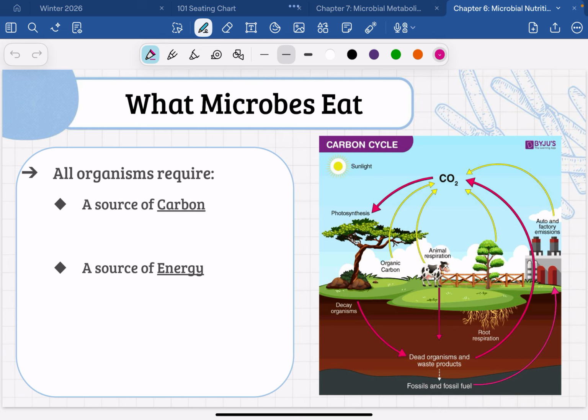Just like everything else, we like to group things as best we can, put things into boxes. And the 2 boxes that we're going to talk about for bacteria and other microbes and what they eat are 2 things. So all organisms, regardless of domain or genus or species, require 2 things in order to survive.